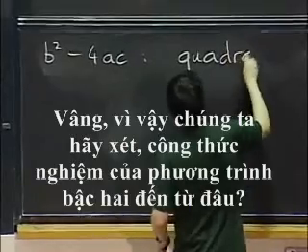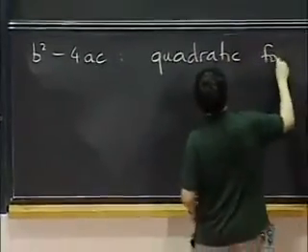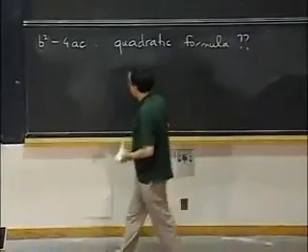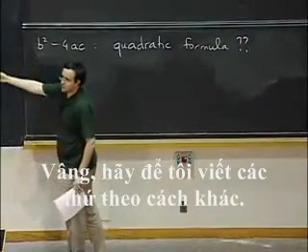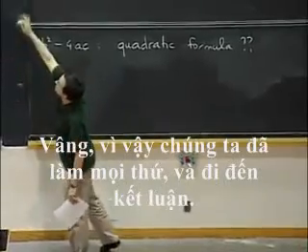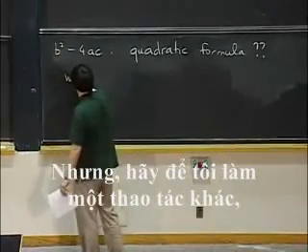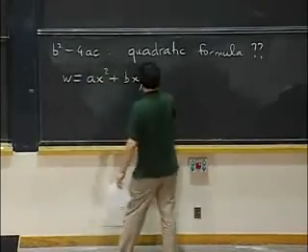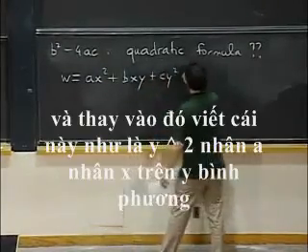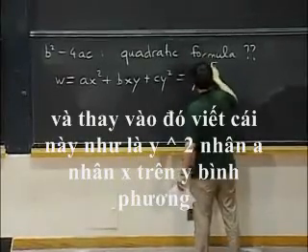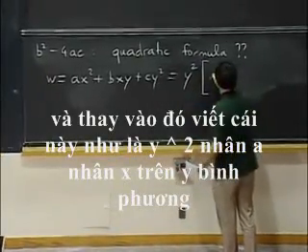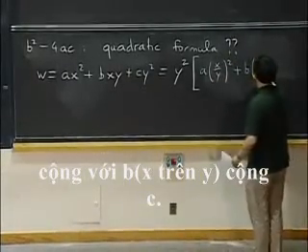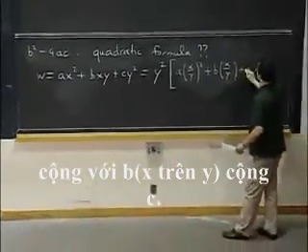So where does the quadratic formula come in here? Well, let me write things differently. We've manipulated things and gotten to a conclusion, but let me just do a different manipulation, and write this now instead as y squared times a times x over y, squared, plus b x over y plus c.